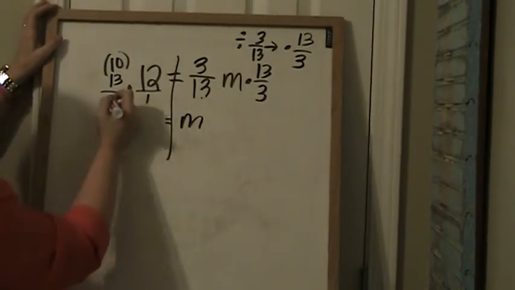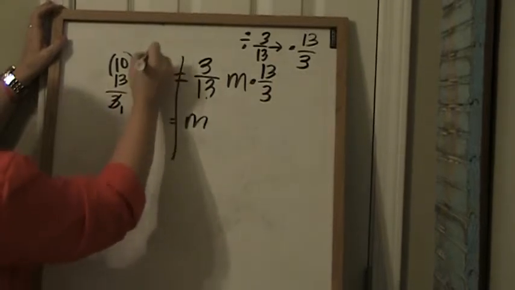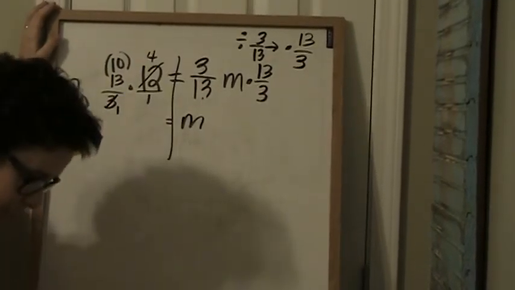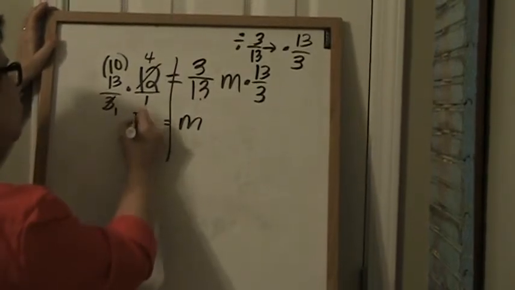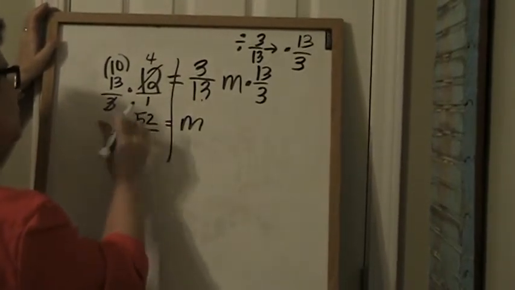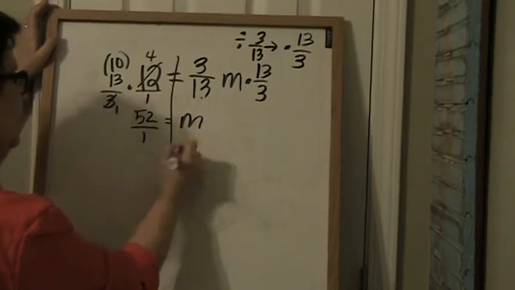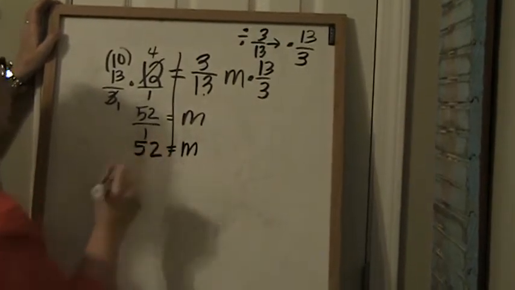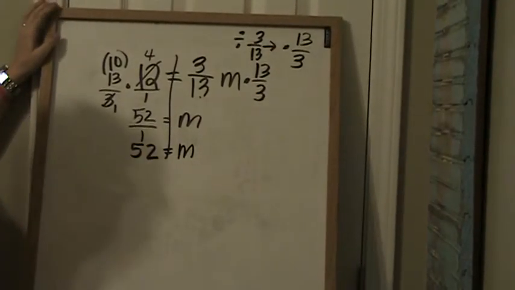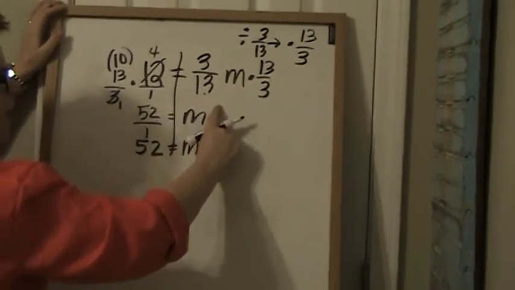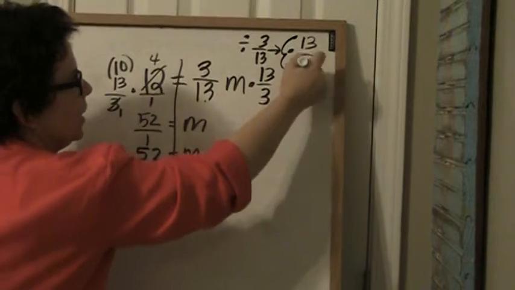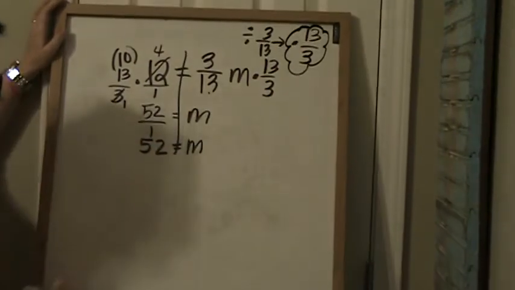Top and bottom, I'm going to cross cancel, and I get my answer to be 52 over 1, which is actually 52. That one, there was a lot going on there. Okay, you've got to remember when you're going to divide by a fraction, you're actually multiplying by its reciprocal.